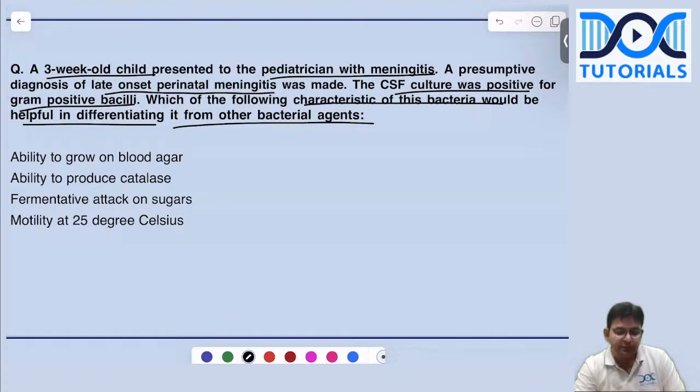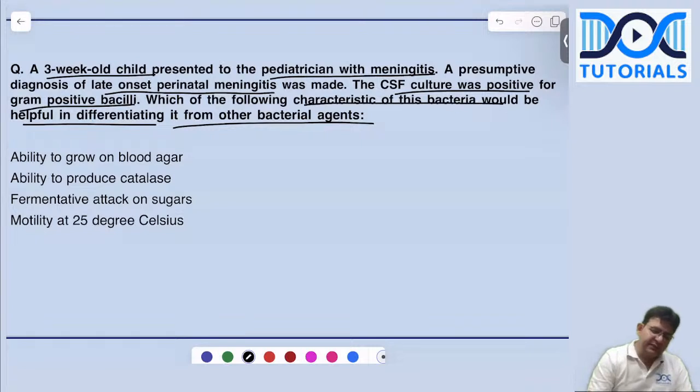Okay. Any other? D. Anush told D. Kritika told D. Okay. Listeria meningitis, you told also. Okay. Akash told D.